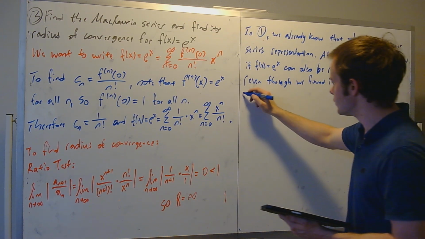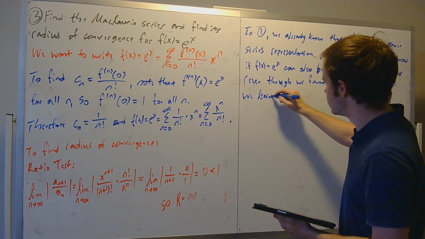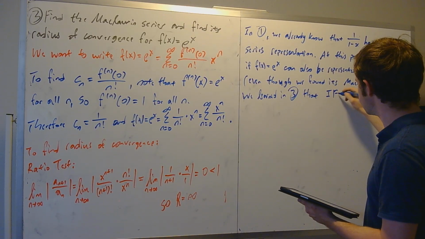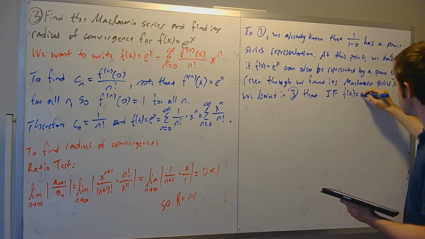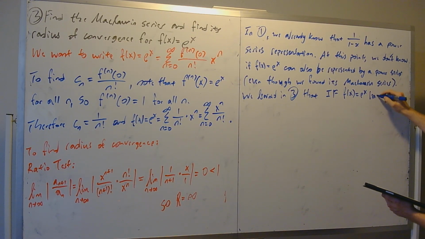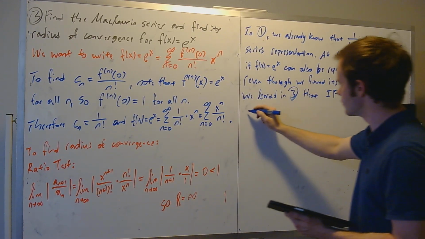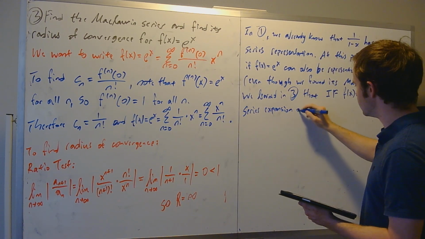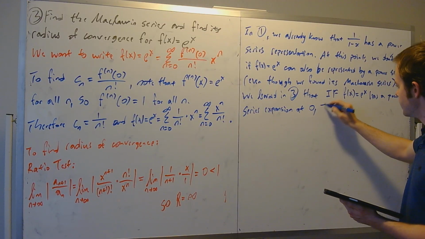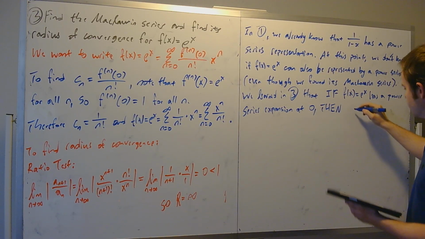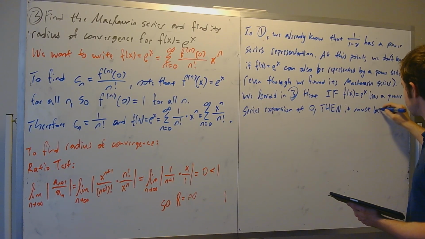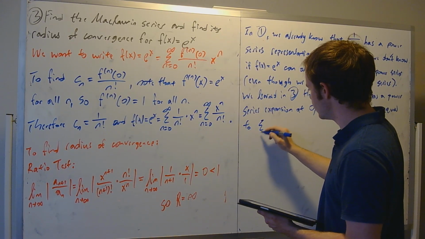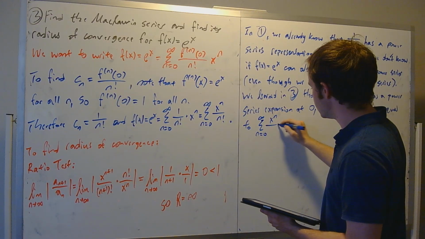Okay, and I'll say here, we learned in example 3 that if e to the x has a power series expansion at 0, then it must be equal to the sum from n equals 0 to infinity of x to the n over n factorial.